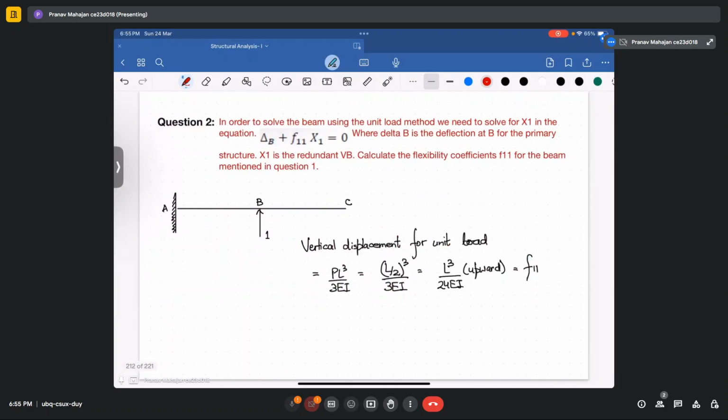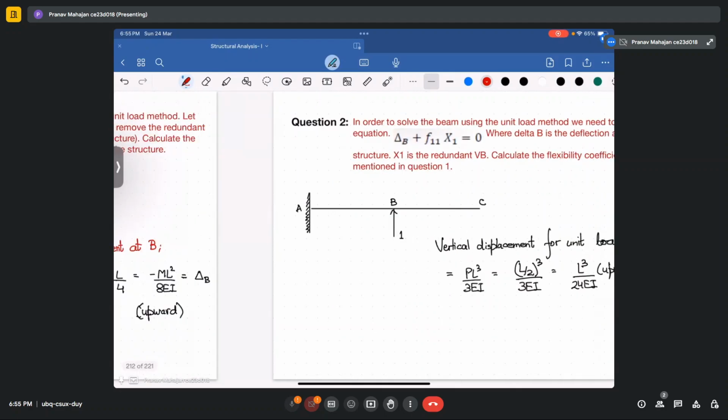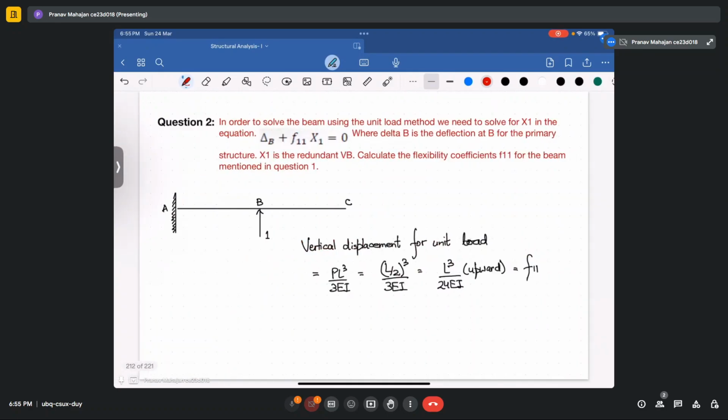So let me summarize this, then it will be easy for you to understand. First of all, what does this equation tell you? This equation tells you that the deflection at point B should be equal to 0. That means the total delta at B will be equal to 0. The deflection will come from two things. One is due to the determinate structure and another is due to the redundant force.